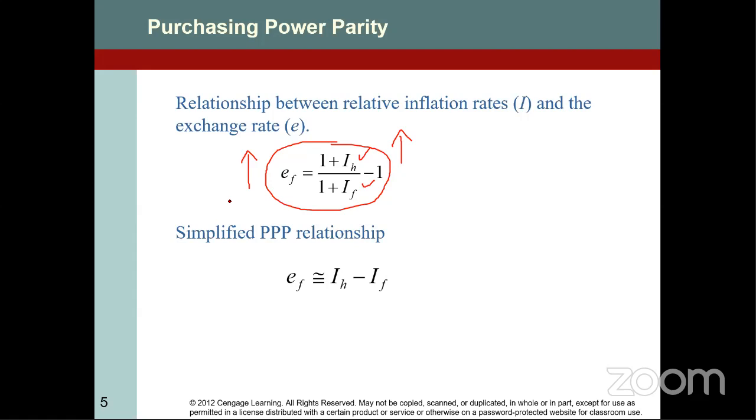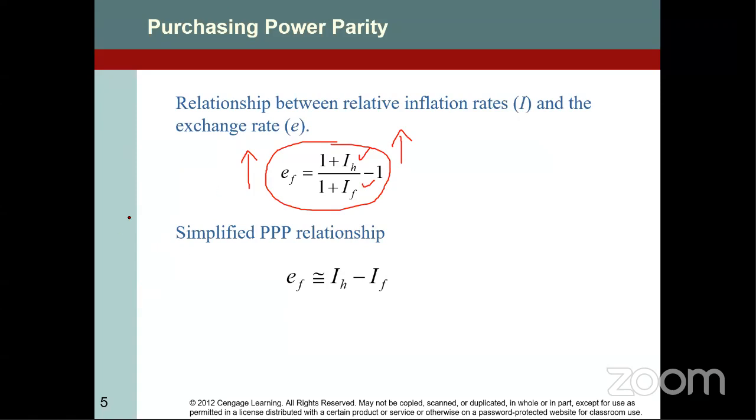Because our inflation is higher, meaning we have higher inflation rates than the US, then the exchange rate is higher. In this case, the dollar appreciates and the rupiah depreciates.